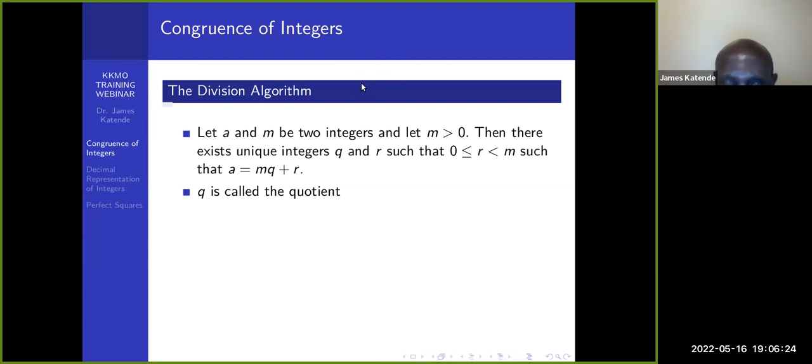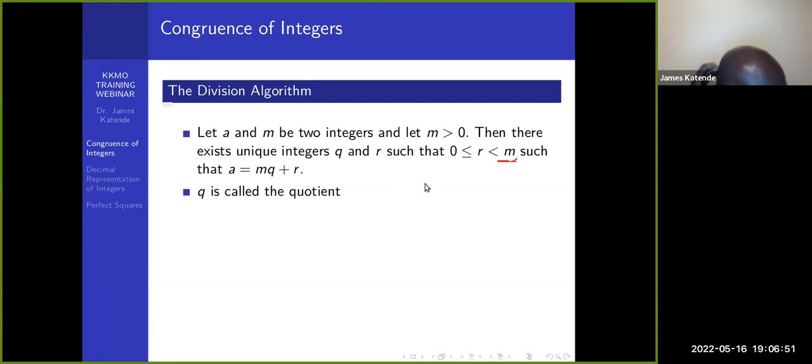So let's try to unpack that. Unique: this r and the q will be unique provided this condition is satisfied. If this condition is not satisfied, then the values of q and r may not be unique for any pair a and m. This restriction guarantees that the values of q and r are unique.